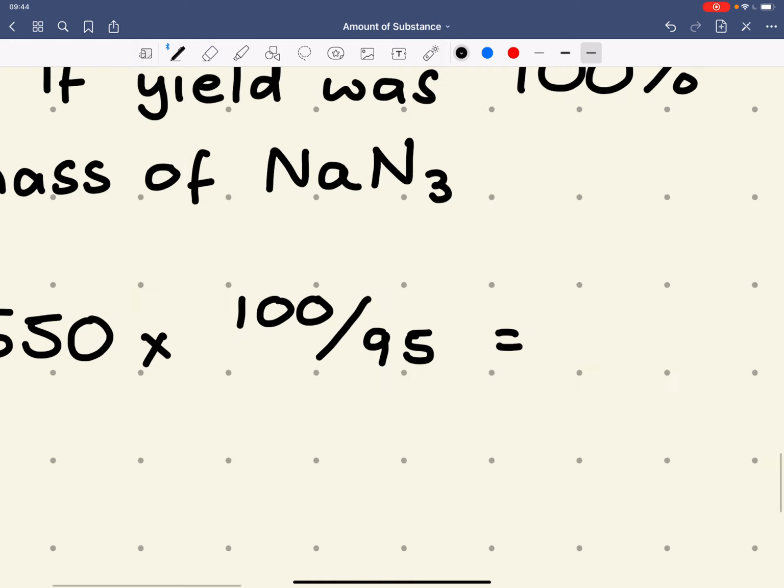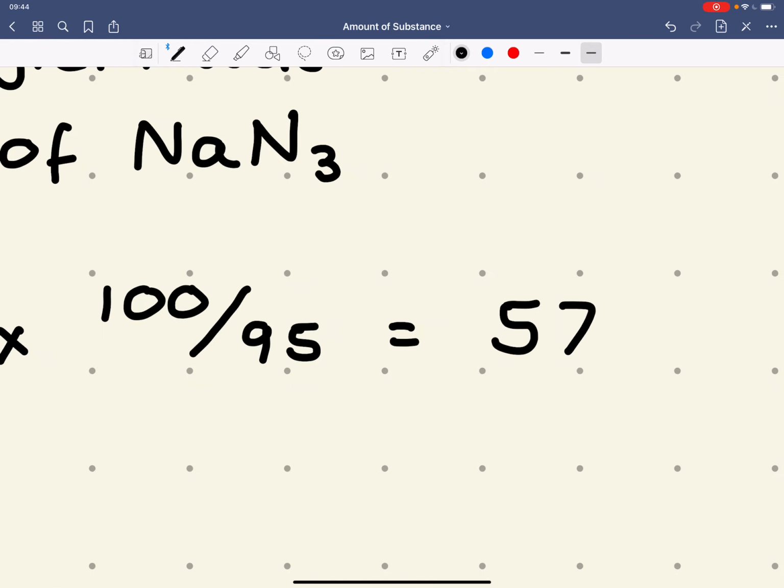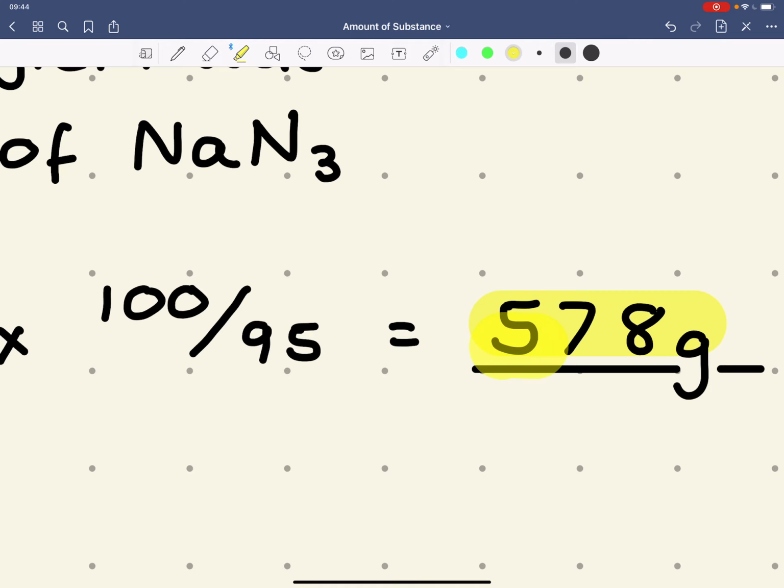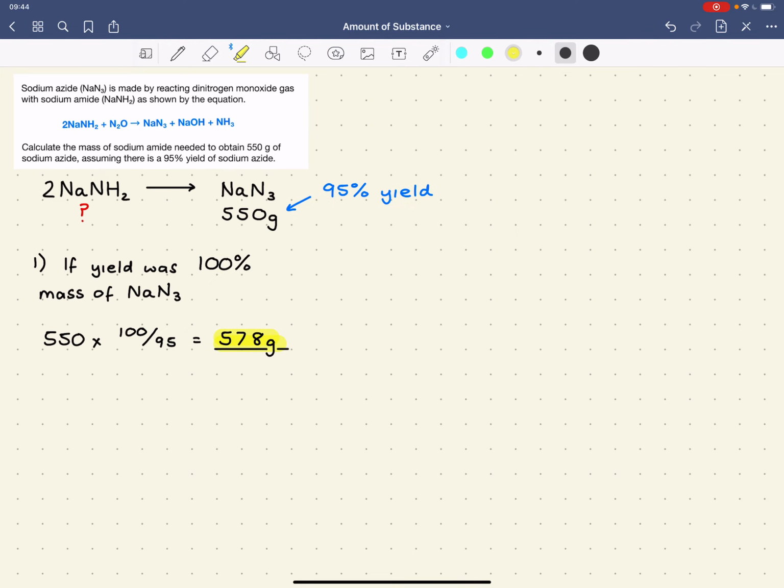That would give you 578 grams, and that's the first thing that we need to do: working out the mass of sodium azide you'd obtain if the yield was 100%.